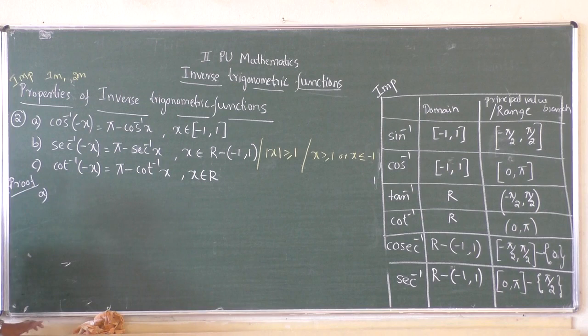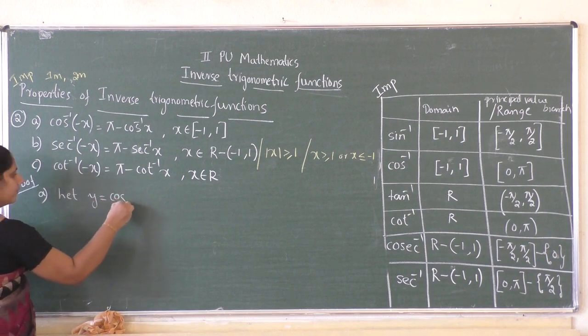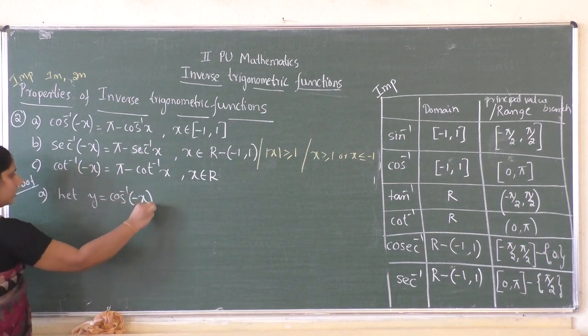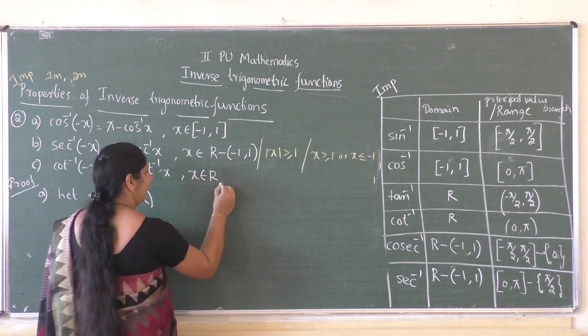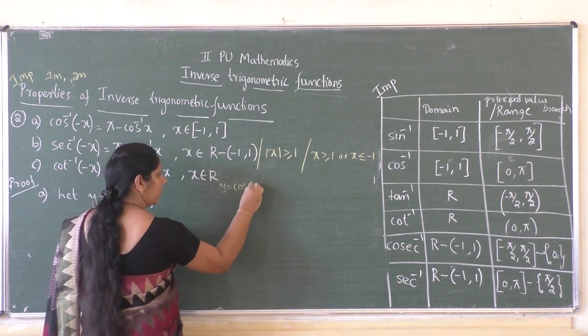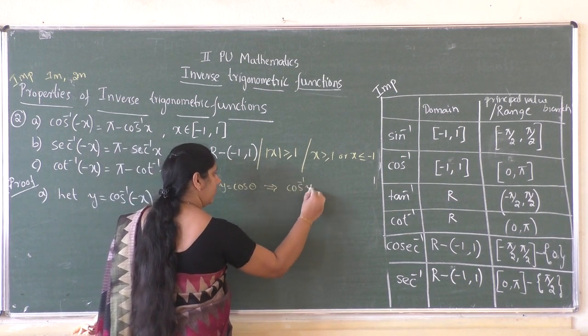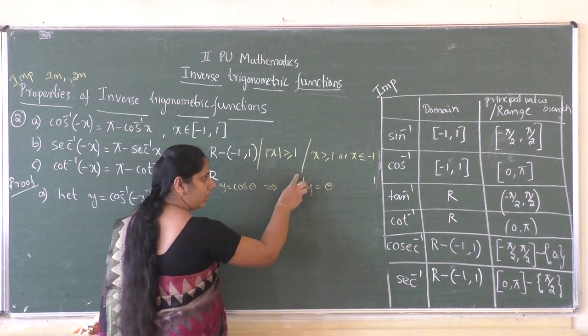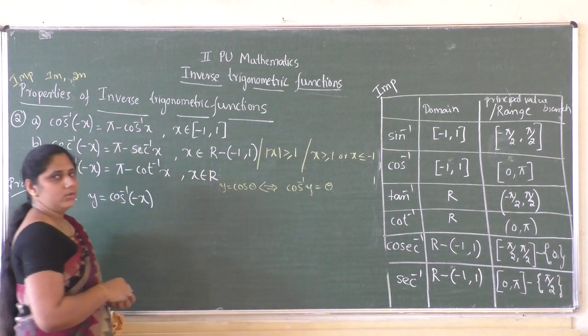So in the first one, what we have to prove? Cos inverse of minus x equal to pi minus cos inverse x. So I will consider, let y equal to cos inverse of minus x. Again, we know that if y equal to cos theta, that implies cos inverse y is theta, or if cos inverse y equal to theta is given, you can write y equal to cos theta.